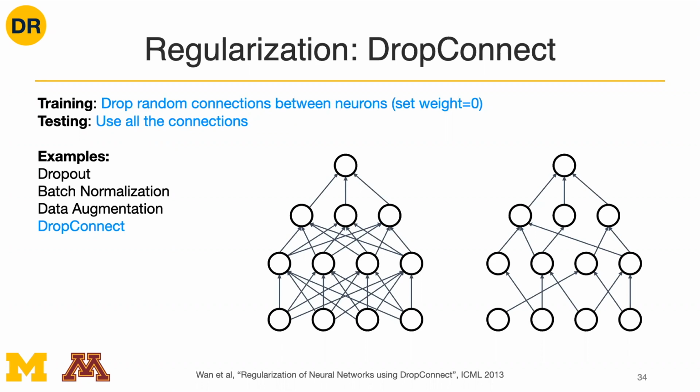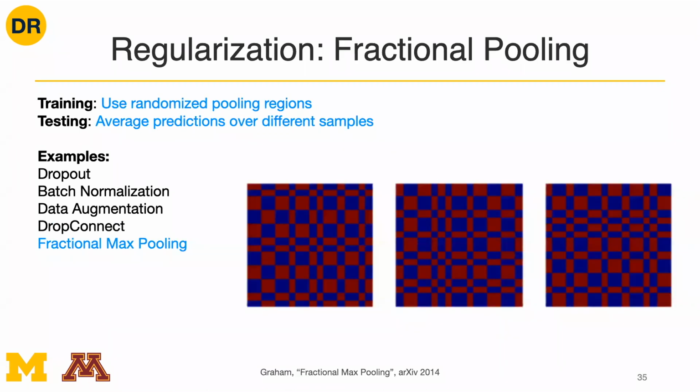This is not as often used as dropout, but something to have in mind if your particular network requires that feature during the training. And one other interesting way of doing regularization is what is called fractional max pooling.